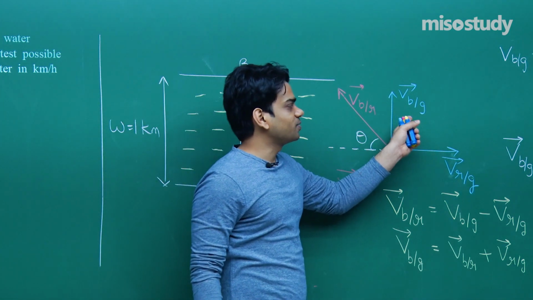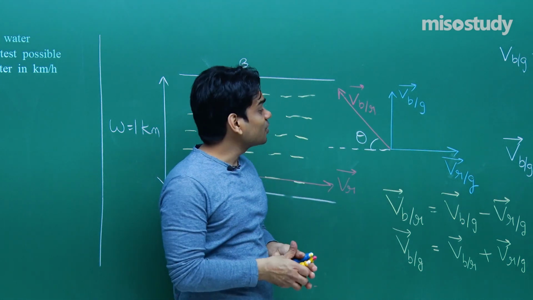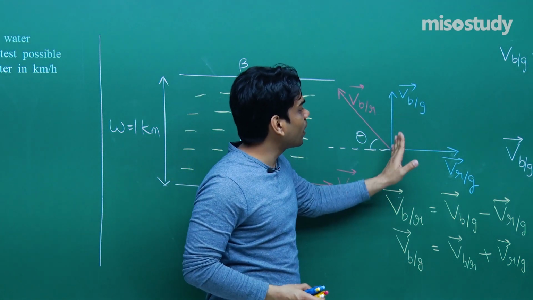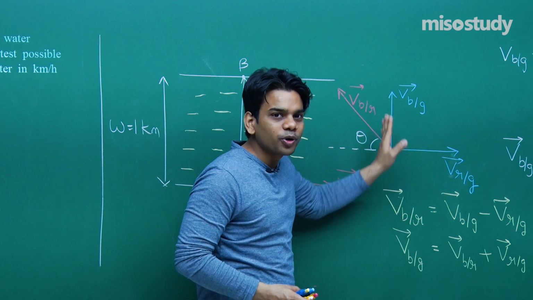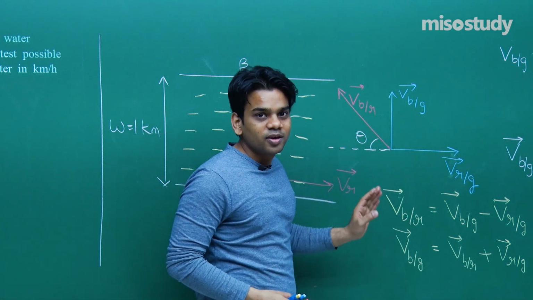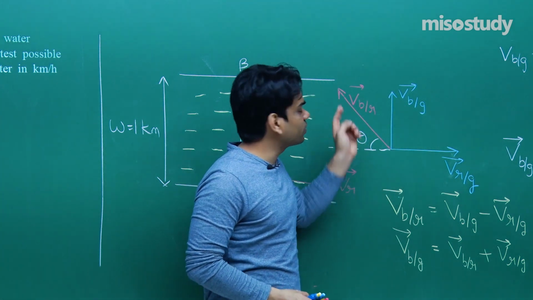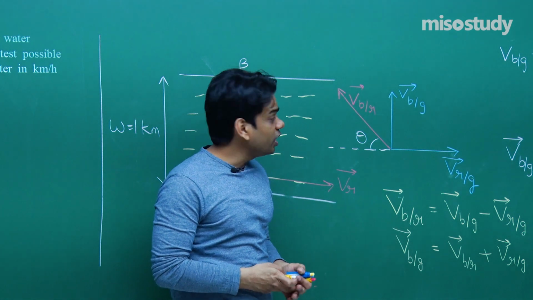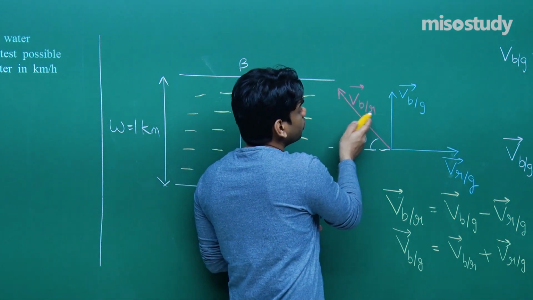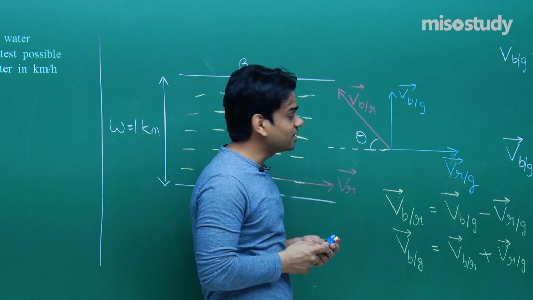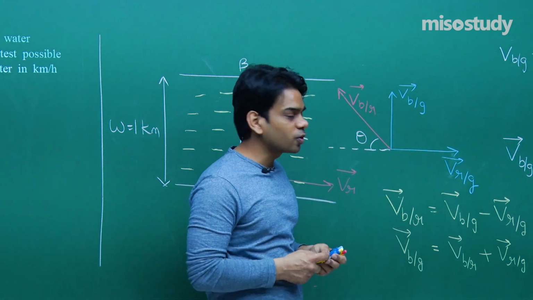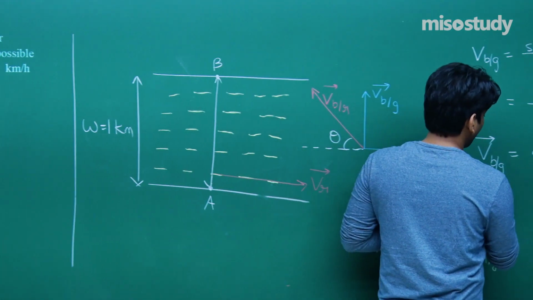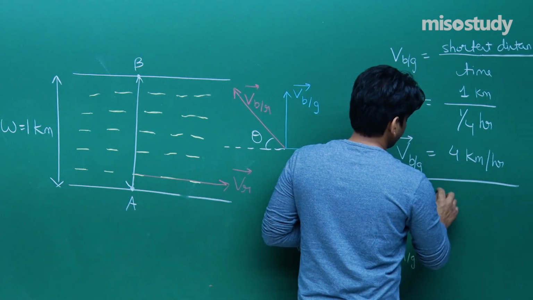This value we got. Now see, its entire part will be the vertical component of this velocity. So we can write velocity of boat with respect to river into sine theta will be equal to velocity of boat with respect to ground. Let me write here from the vectorial diagram.